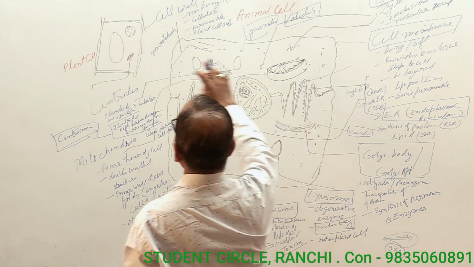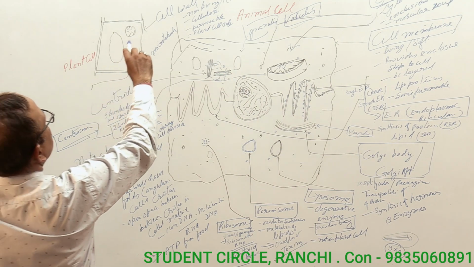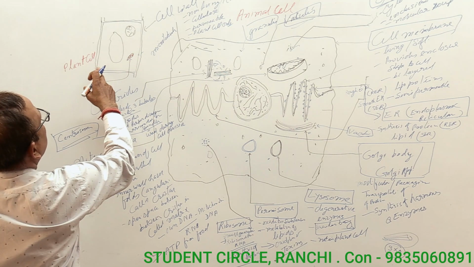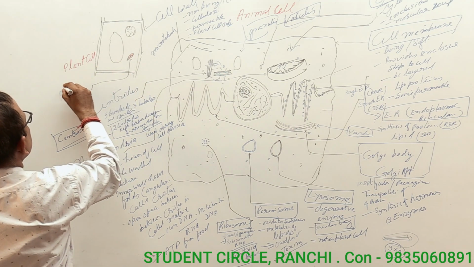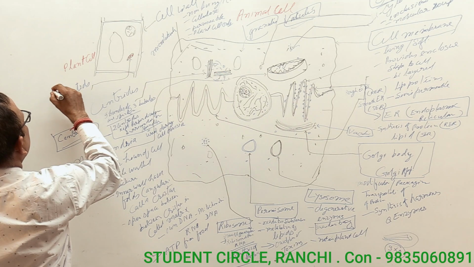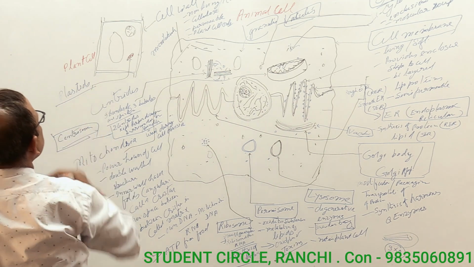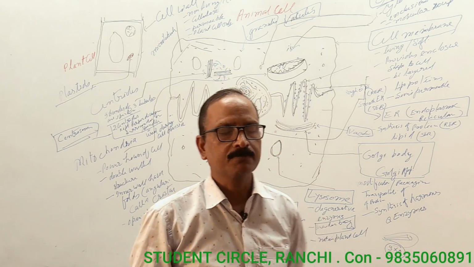Come to the plant cell. As we discussed, the outer wall is cell wall, and the structures like this are plastids. These plastids are absent from animal cells.